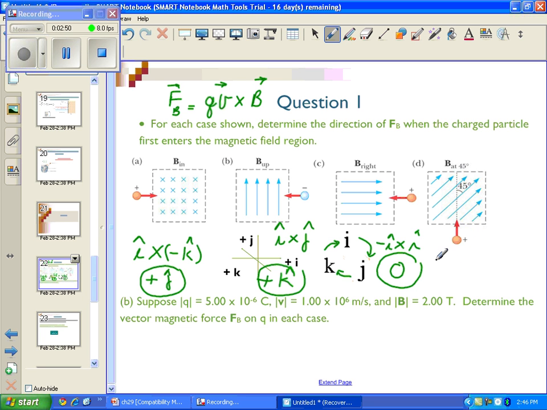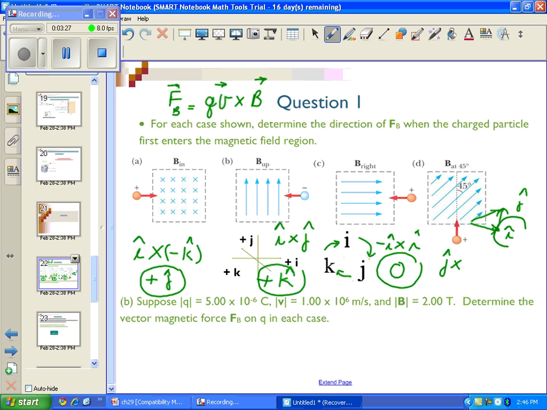Here we can see the positive charge moves along the positive J hat direction, and we're going to cross to B. Now B has components because it's lined up 45 degrees to the horizontal. And so B will have a component perpendicular to the velocity, which is the positive I hat direction, and a component that's parallel to the velocity, which is in the positive J hat direction.